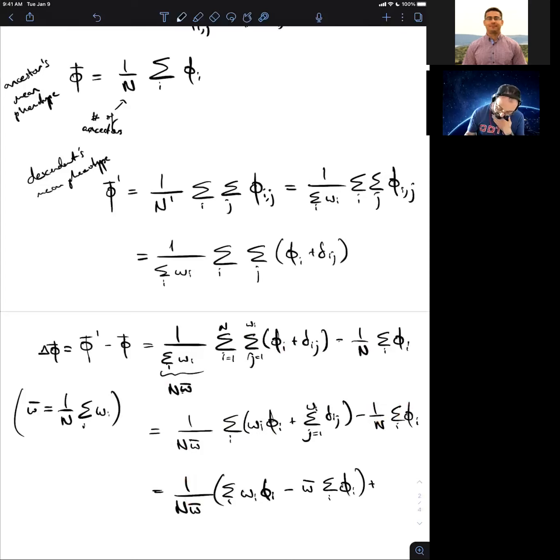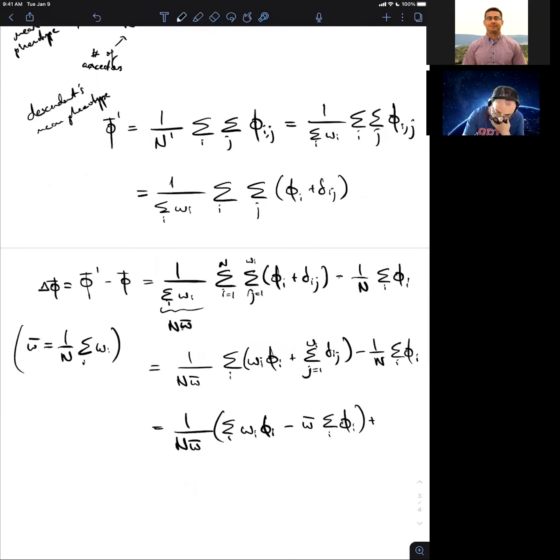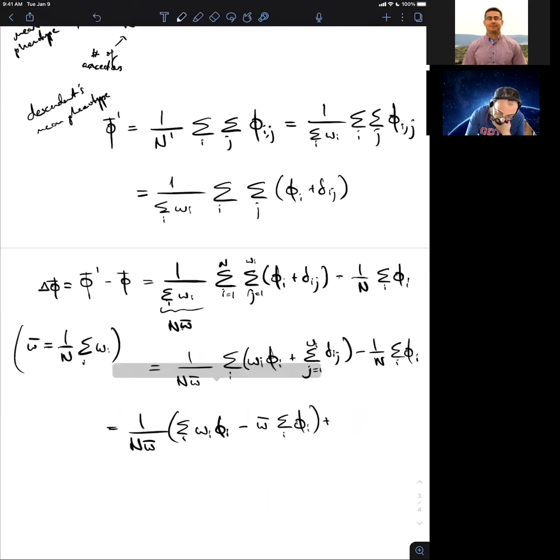What I'm left with is this second sum, 1 over n W bar, sum over i, sum over j, delta ij.